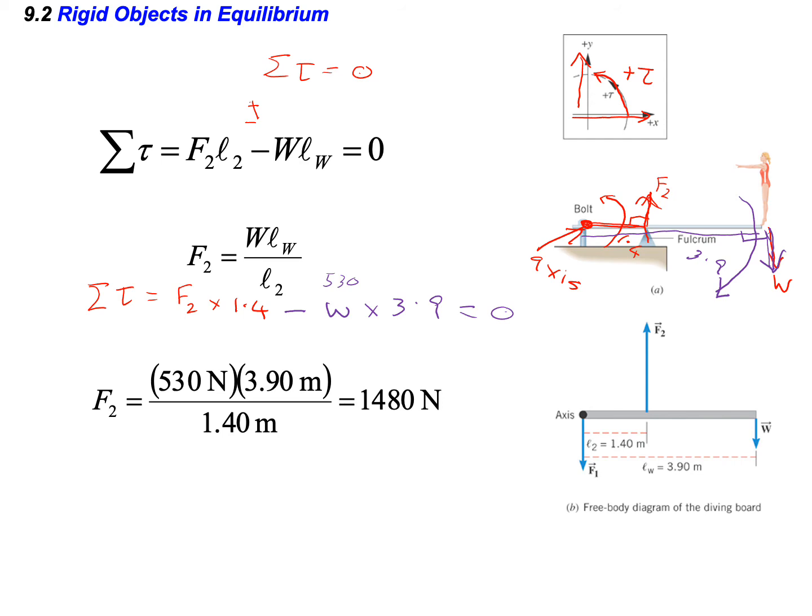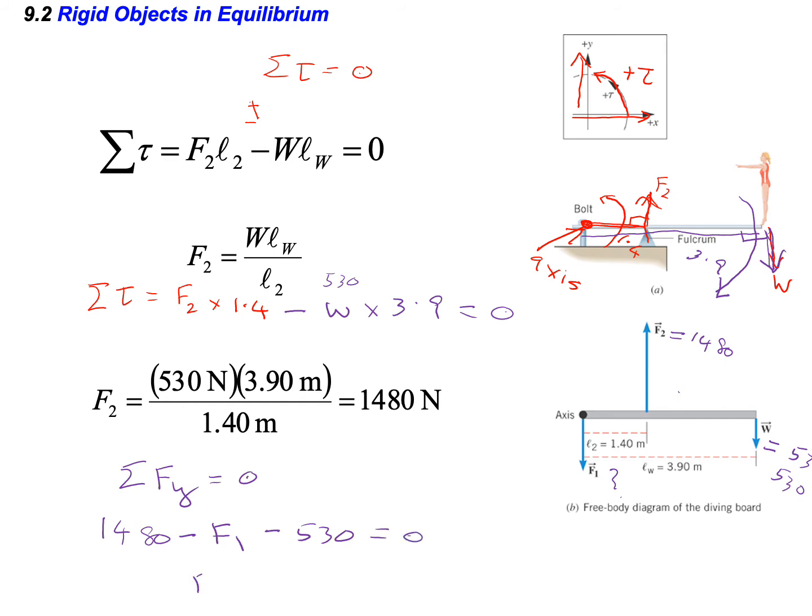So now you have calculated F2, which is 1480, W equals 530, and the only thing we don't know in this problem is F1. If it is in equilibrium, net force along the y direction is 0. So this is plus 1480, because it's in the positive y direction, and F1 is negative, and negative W, which is 530, equals 0.